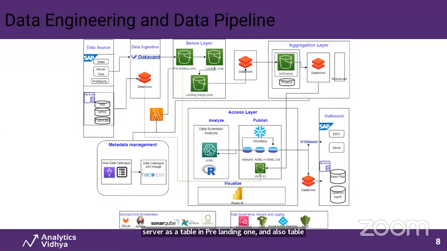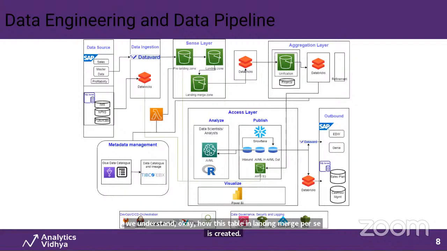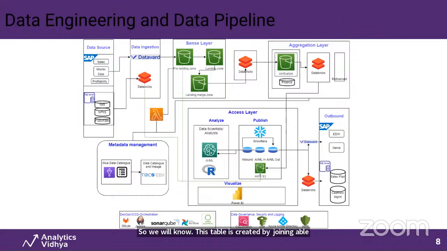So we understand how this table in landing merge is created, that it is created by joining table 1 and table 2 in pre-landing. This makes sense of how the table in the landing zone is created.